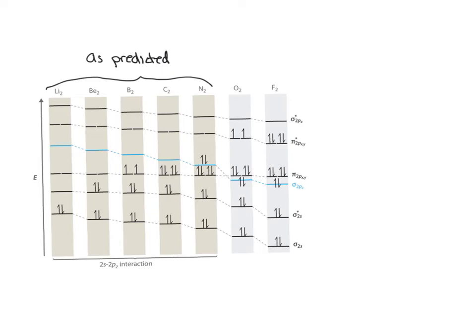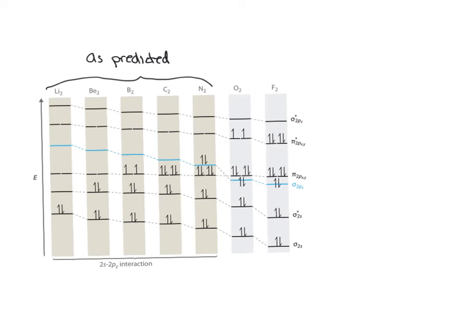And so because we get that lowering of the energy, eventually the sigma orbital from the 2pz gets lower in energy than the pi orbitals made from the 2px and the 2py. So that flips the order of these energies for the heavier elements.